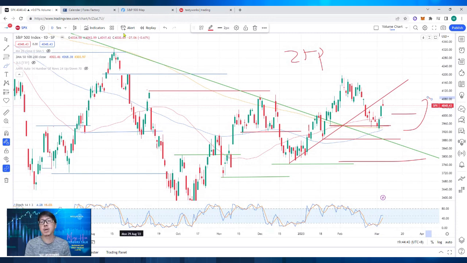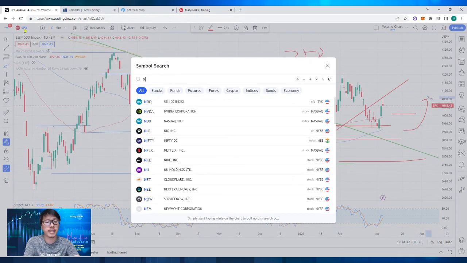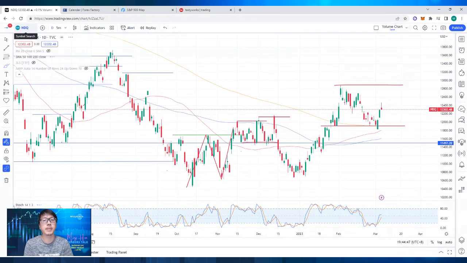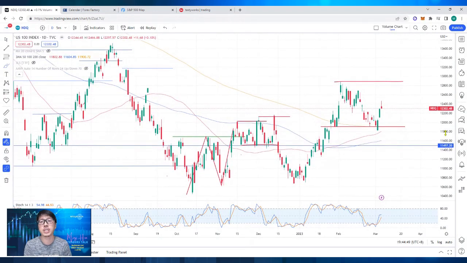Okay, so Nasdaq. Okay, I mean, it's pretty much similar to SPX, right? Where we saw it bouncing off this support, which is at about 11,900 level, and also at the same time the 200 daily moving average.